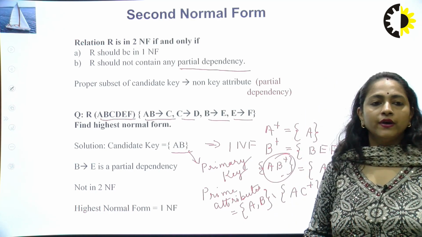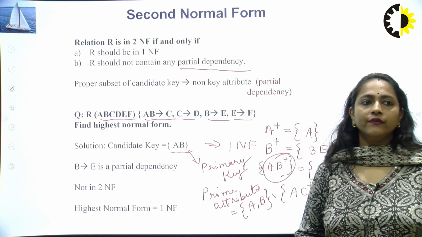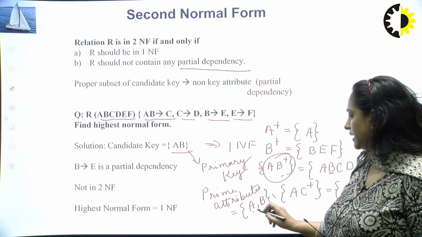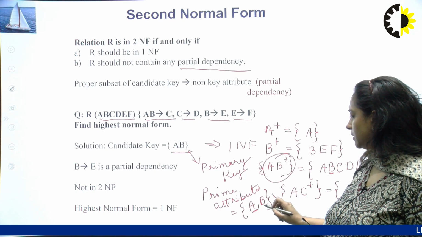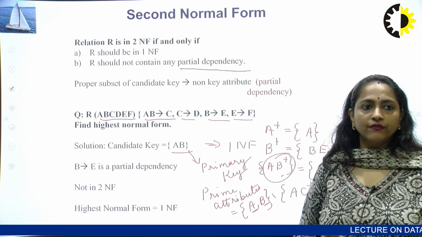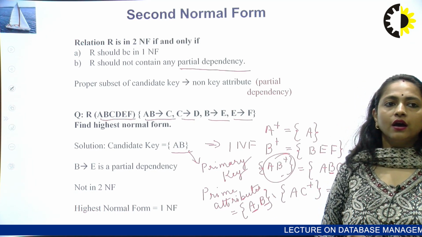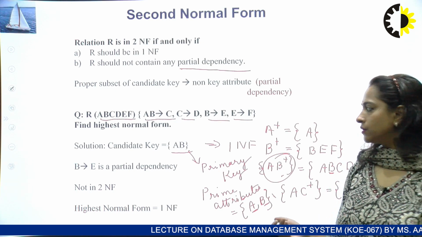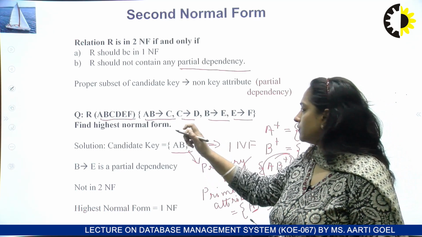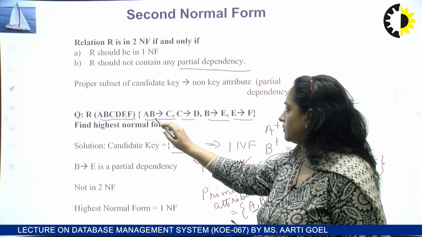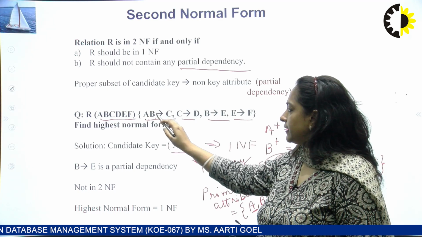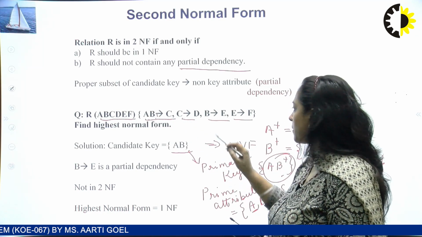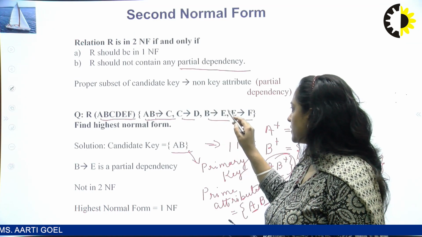Now we need to find out the proper subsets of the candidate key. A is a proper subset of the candidate key, B is a proper subset of the candidate key. They should not determine a non-key attribute. AB is the candidate key, that is not a proper subset. C is not a proper subset. B is a proper subset.